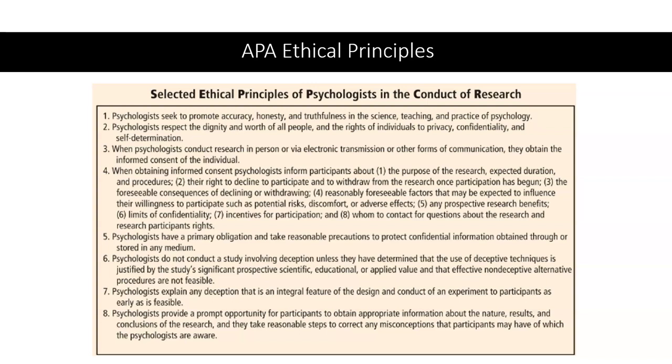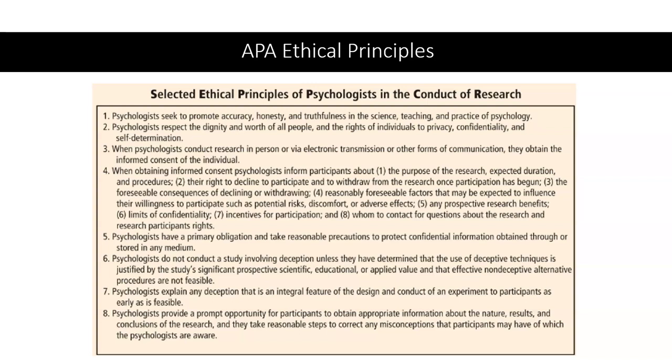Now, this is a screenshot of some of the ethical principles. They're selected because they're the most obviously connected to the research done in social psychology. There are a lot of ethical principles that are associated with clinical practice. So those have been left out here.